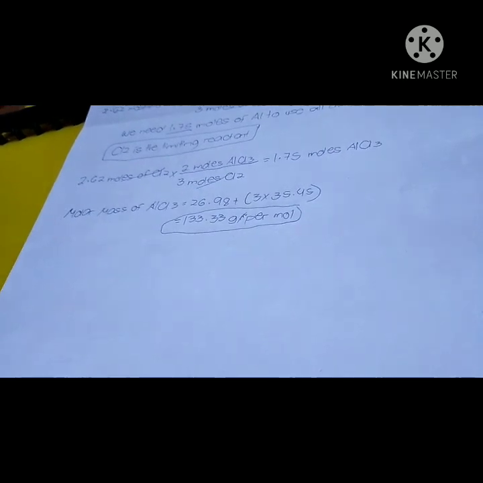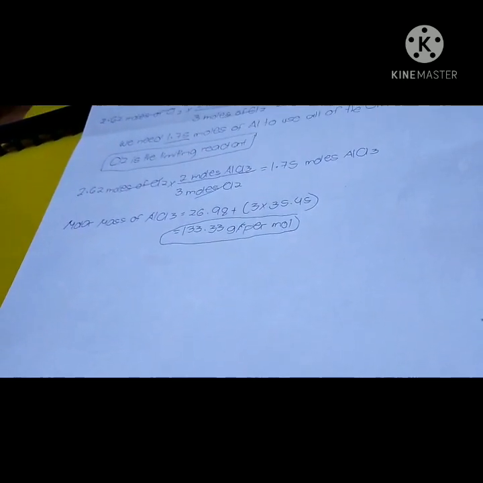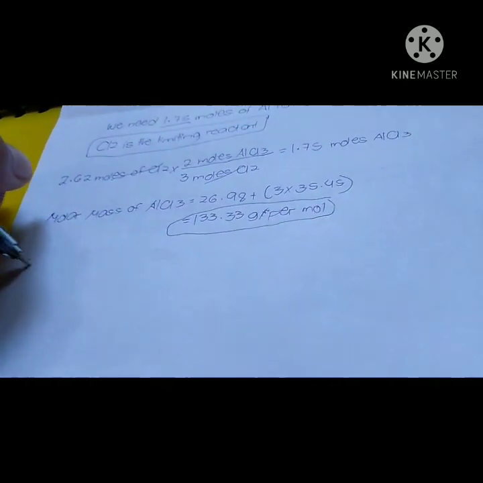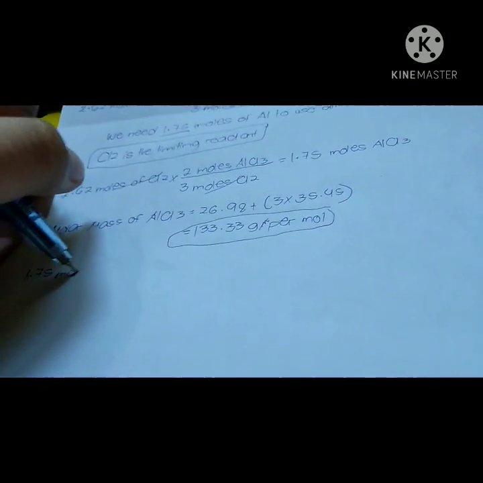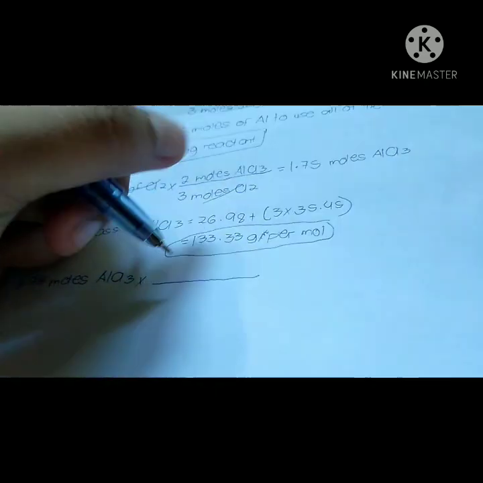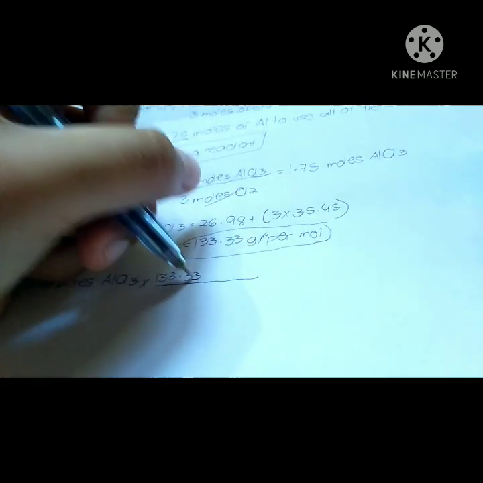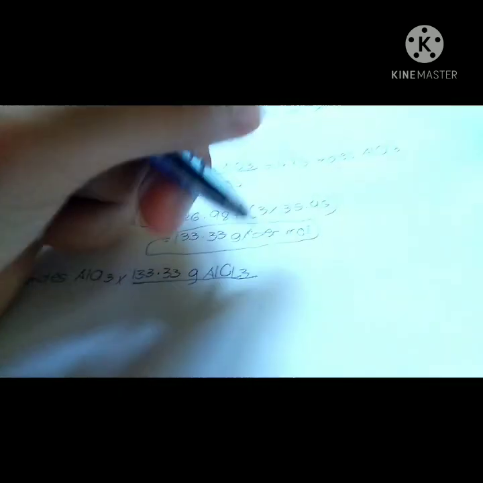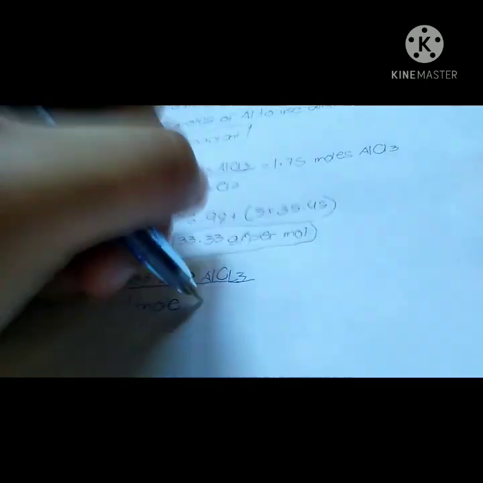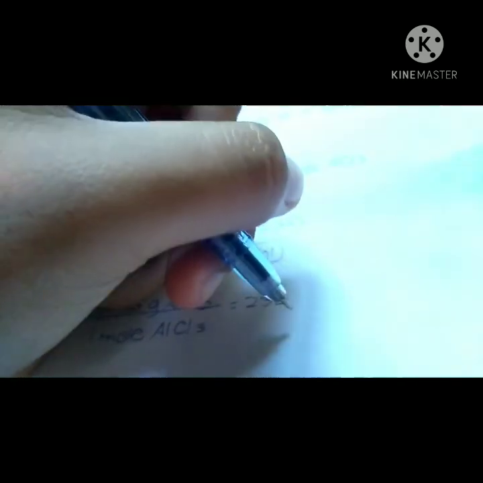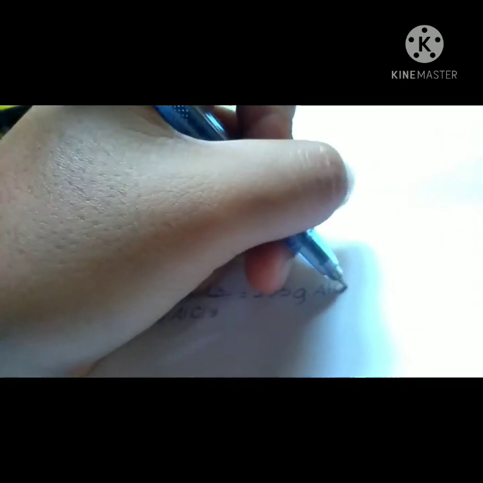We can express it as a conversion factor, and we can use the conversion factor to multiply by this because I have moles of AlCl3. So 1.75 moles of AlCl3 times 133.33 grams AlCl3 per 1 mole AlCl3.